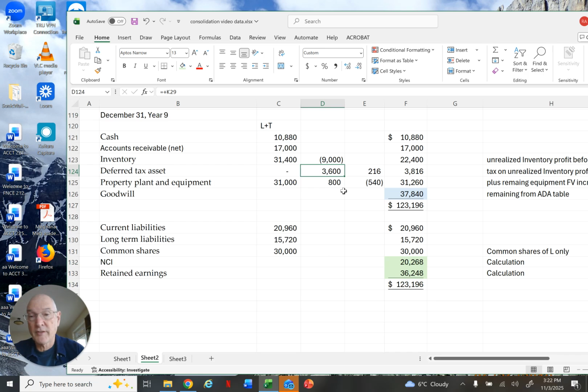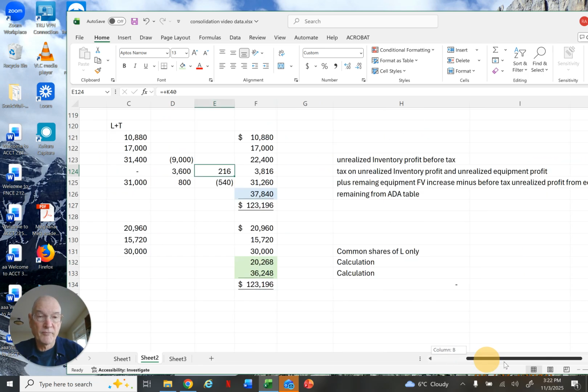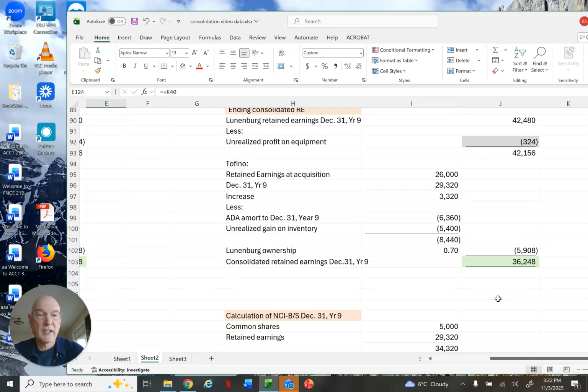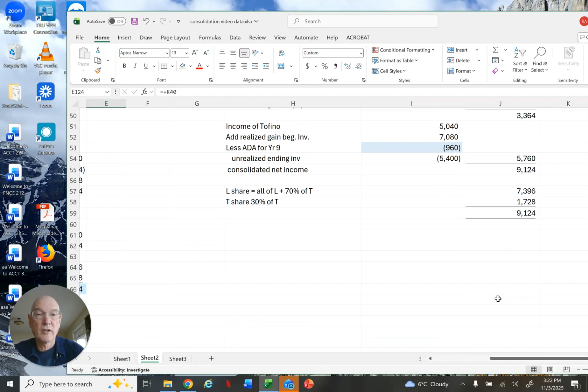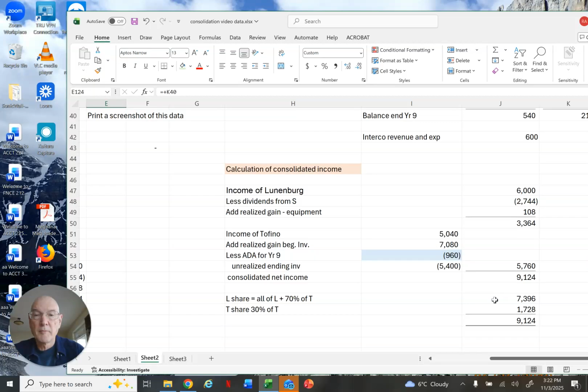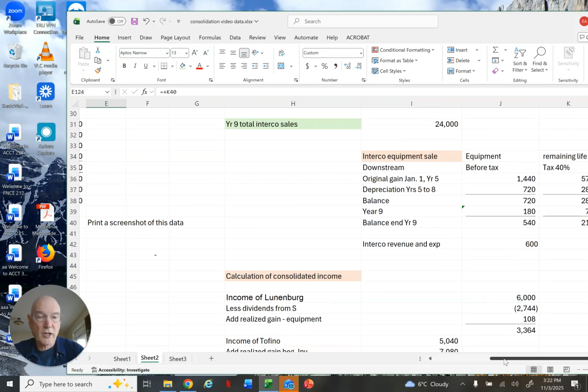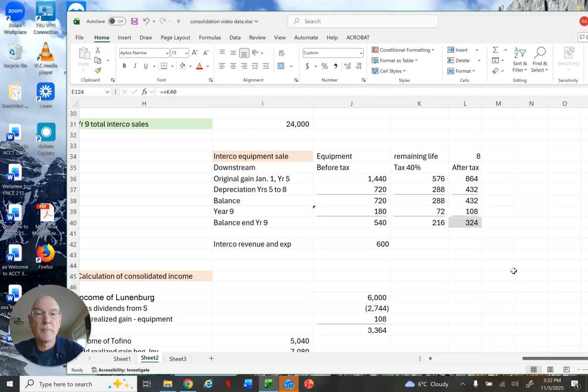Now the other part of this deferred tax asset, 216, is what's remaining to be profited and charged to tax in the intercompany equipment sale. So let's make sure we have a look at that. We'll find it here. Here's our intercompany equipment sale. You saw this table in the part 1 video.